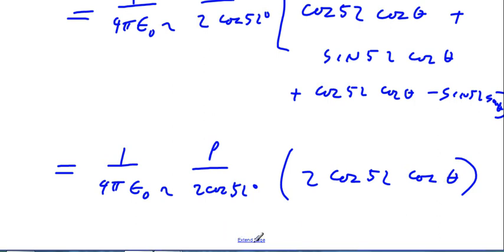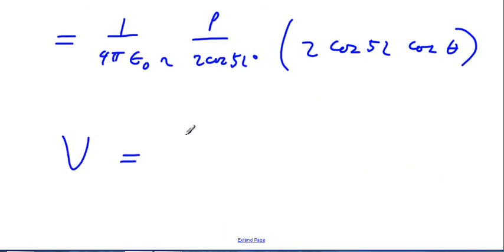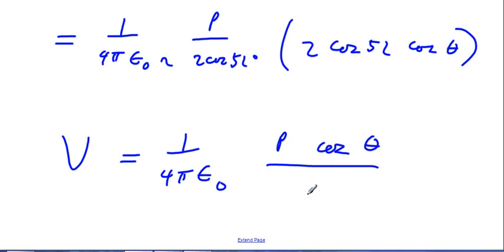And the voltage is going to be 1 over 4 pi epsilon naught, P cosine theta divided by R.